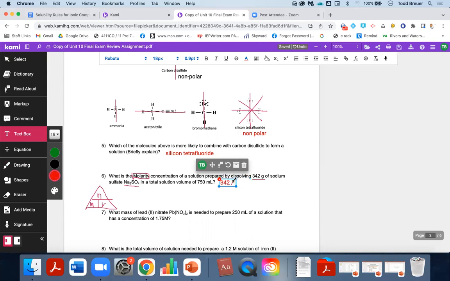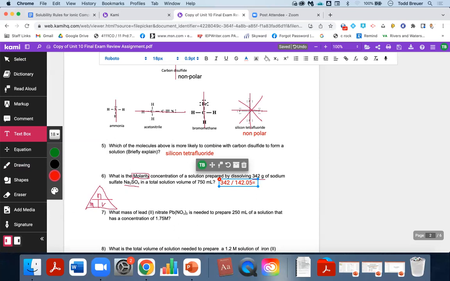So I'm going to add 2 sodium, 1 sulfur, and 4 oxygen together. And that gives me a total mass called the molar mass of 142.05. That division is going to give me the mole amount that we're interested in, so we can use that in the formula.